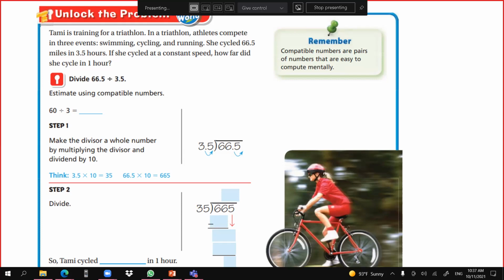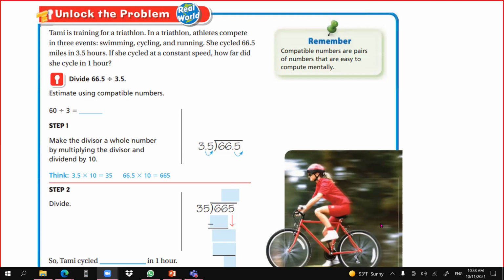She wants to know how many miles in 1 hour. What do you have to do? We have to divide 66.5 by 3.5.